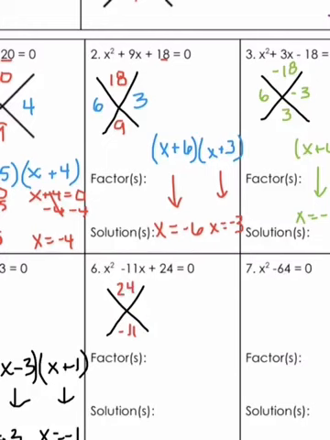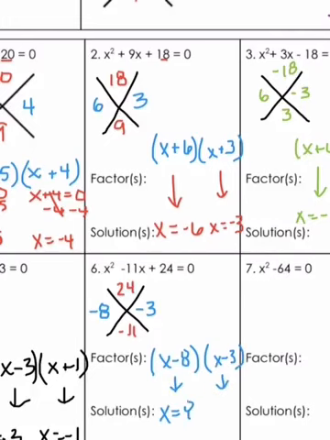So we can go with the final answer, which would be 8 and 3. So 8 times 3 is 24, and negative 8 and negative 3 would make negative 11. So your factors are x minus 8 and x minus 3. So the solutions are x equals 8 and x equals 3.